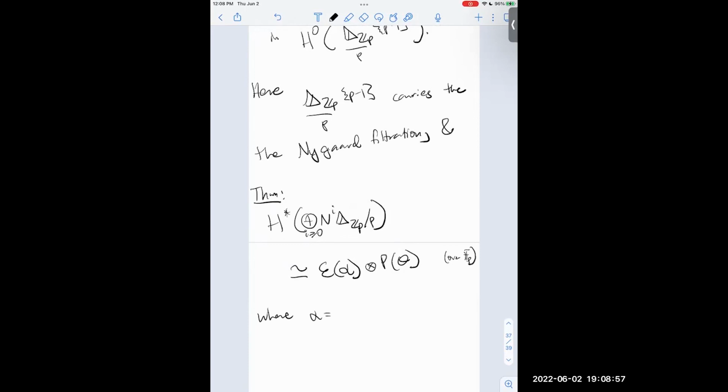Where alpha lives in homological degree 1 and internal grading p, and theta lives in homological degree 0 and internal grading p. So it's a bigraded ring, and I'm writing the cohomological degree followed by the internal degree.